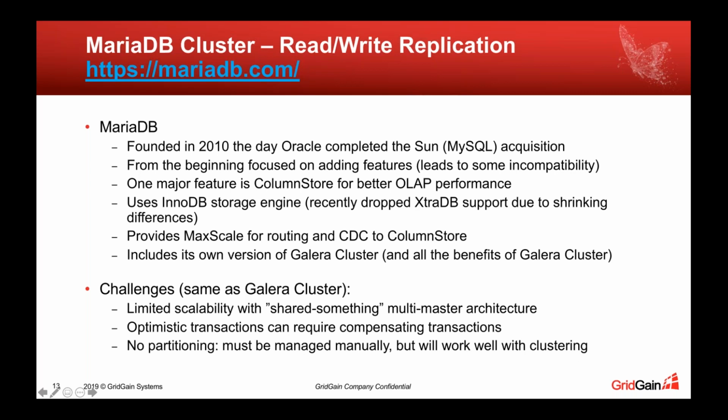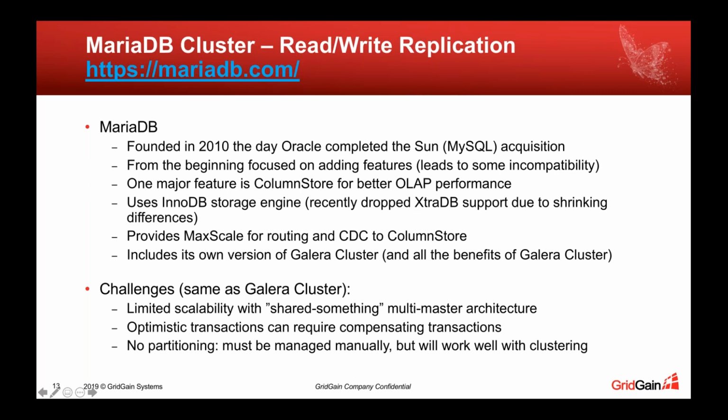There is one major feature, which is the column store option that you can use with MariaDB for better OLAP performance. The way this works in the full MariaDB cluster setup is you have MariaDB for OLTP.